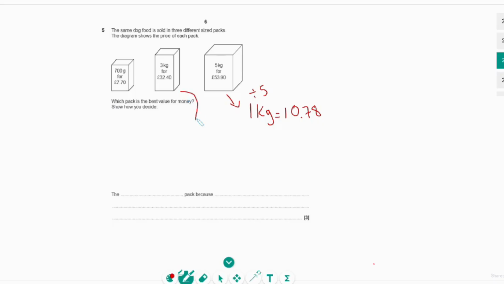Here we have 3 kilograms for £32.50. So 1 kilogram, divide it by 3, £10.80. And this last one, I'm going to get 100 grams first by dividing it by 7.